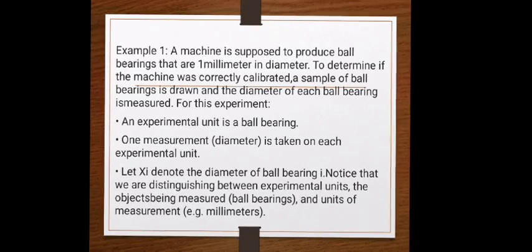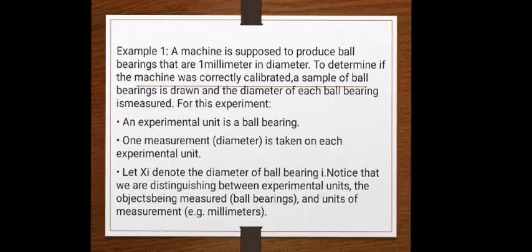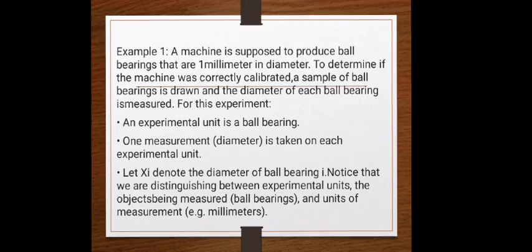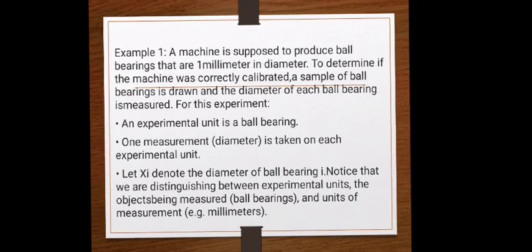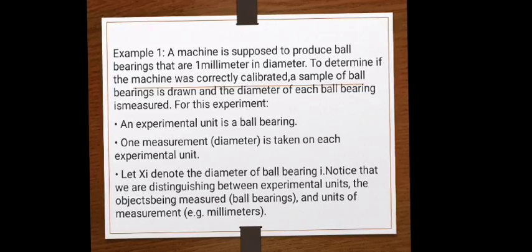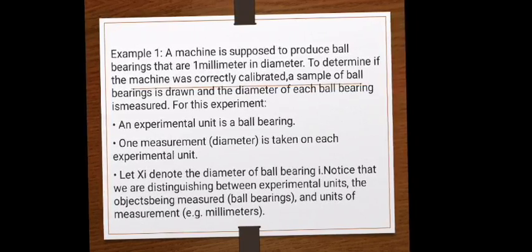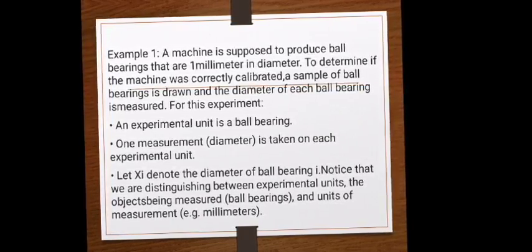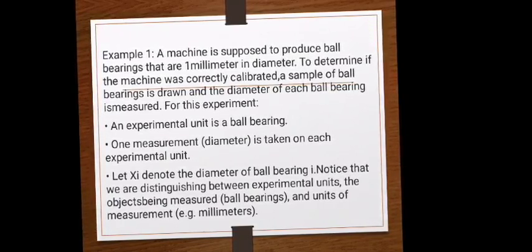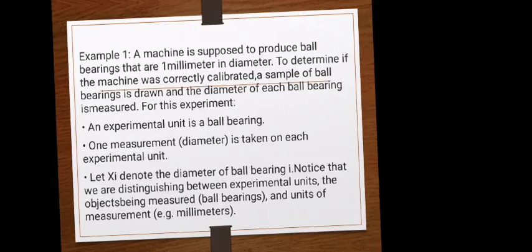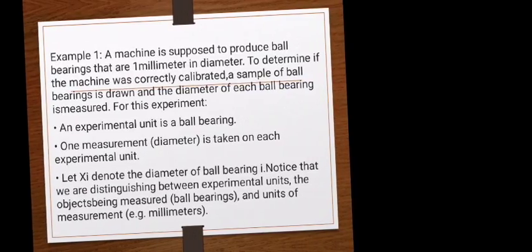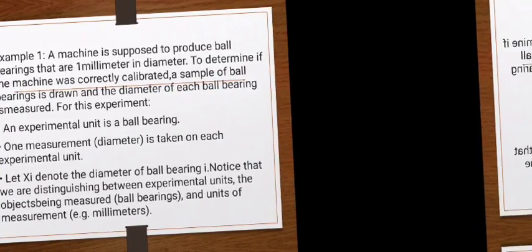For this experiment, an experimental unit is a ball bearing. One measurement, the diameter, is taken on each experimental unit. Let Xi denote the diameter of ball bearing i. Notice that we are distinguishing between experimental units, the objects being measured, all ball bearings, and units of measurement, millimeters.